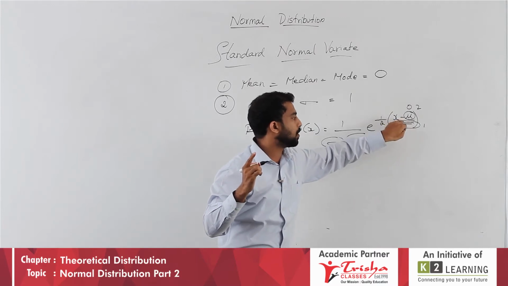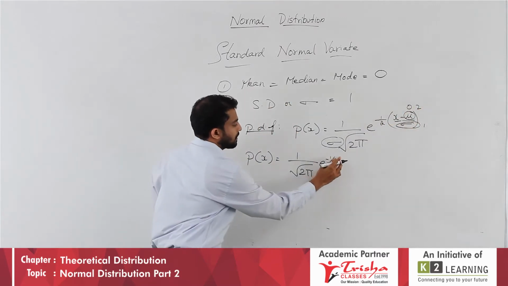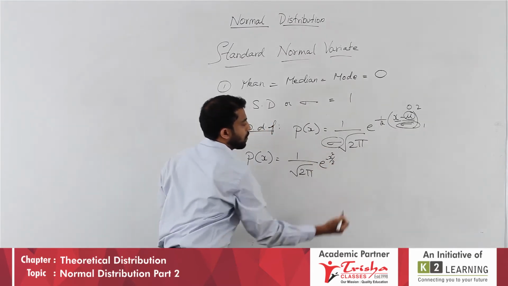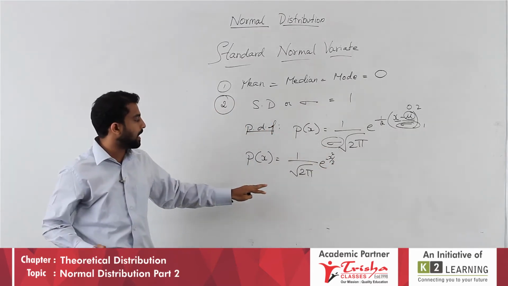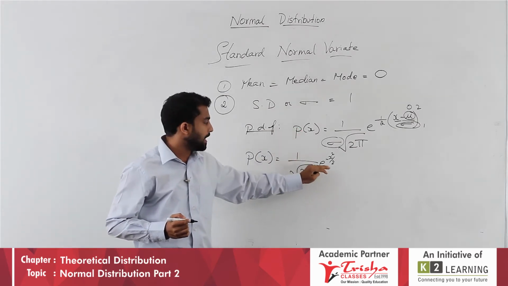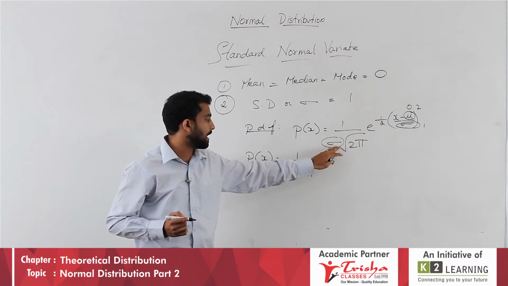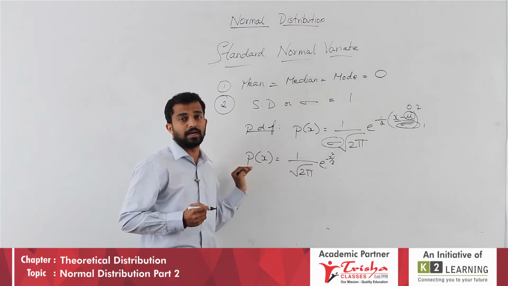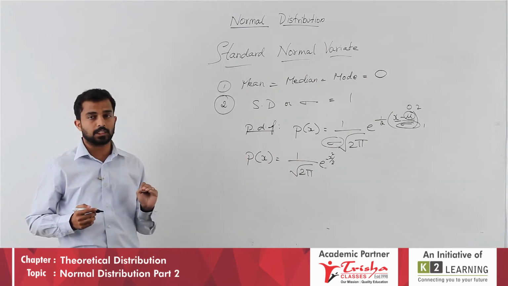So, what remains is only x square, and x square into 1 is nothing but x square. That means we can write P of x is equal to 1 by square root 2 pi e to the power minus x square by 2. This is the probability density function for a standard normal distribution.